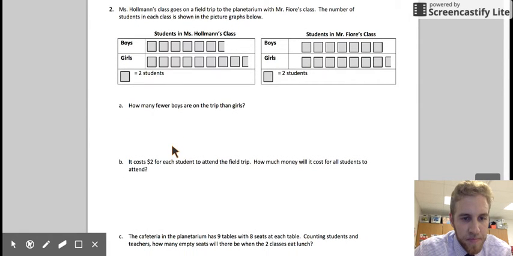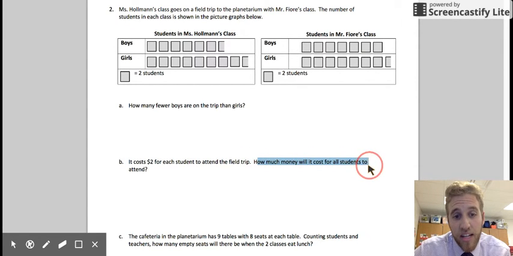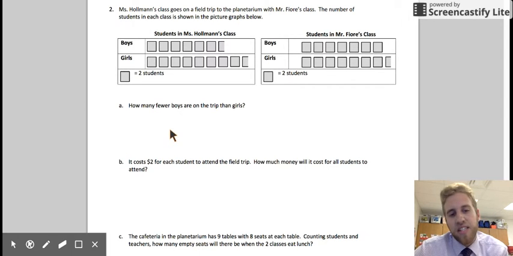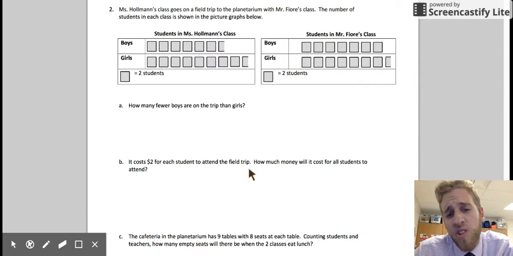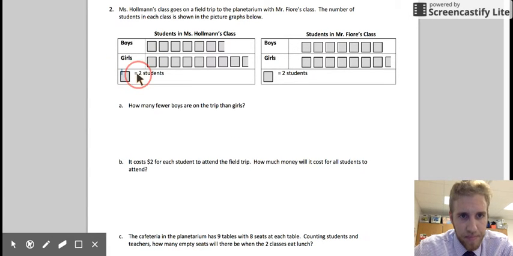Part B, it costs $2 for each student to attend the field trip. How much money will it cost for all the students to attend? Since it costs $2 for each student to attend the field trip, one trick you could do here is you can see each block equals 2 students.